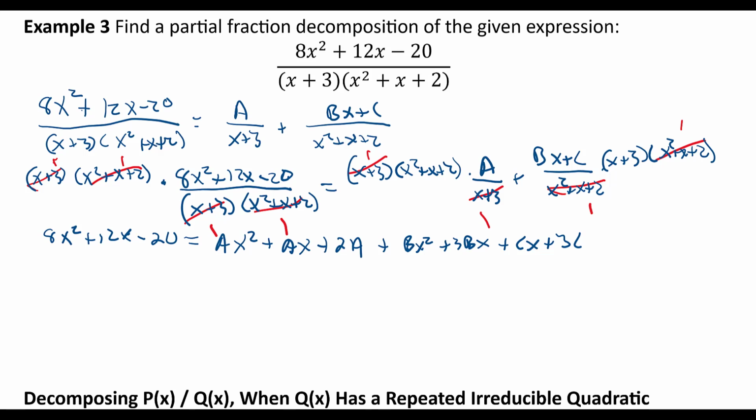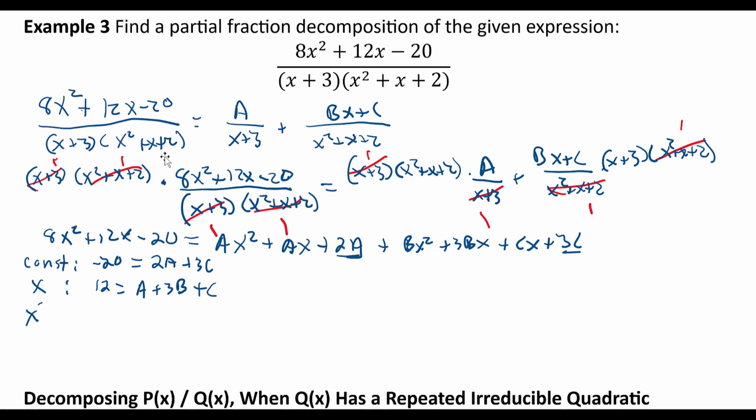So let's collect what we have. So let's look at our constant on the left. On the left we have a minus 20. On the right, our constant, we have this 2A plus 3C. Then for our x term, on the left I see a 12. On the right I see an A, I see a 3B, and I see just a C.